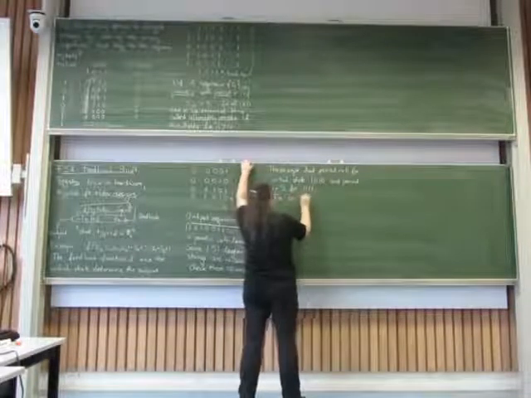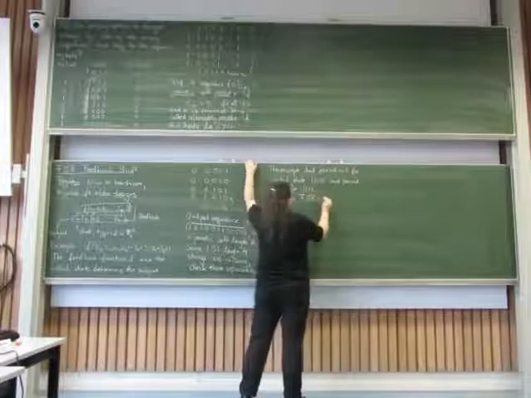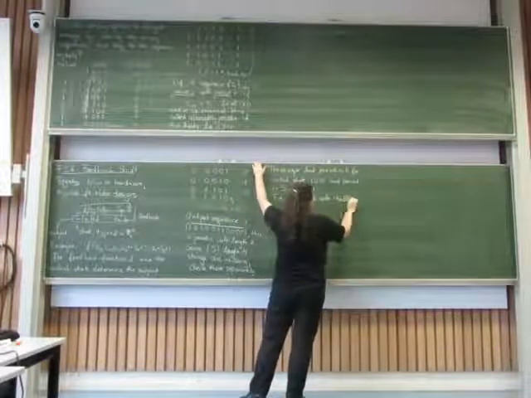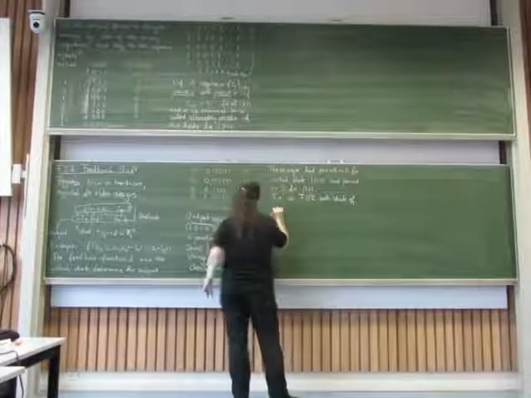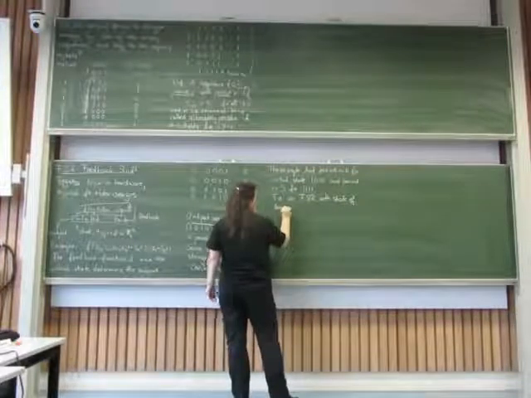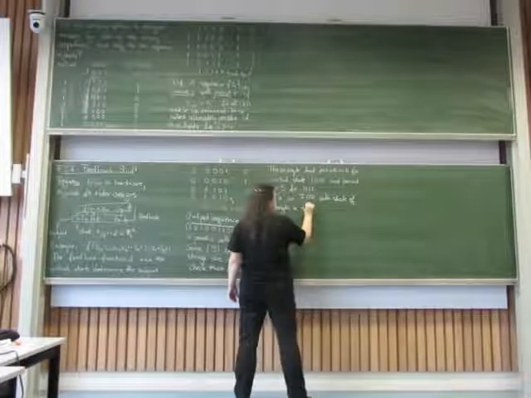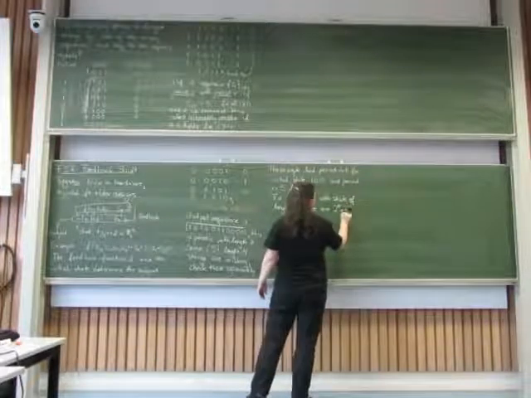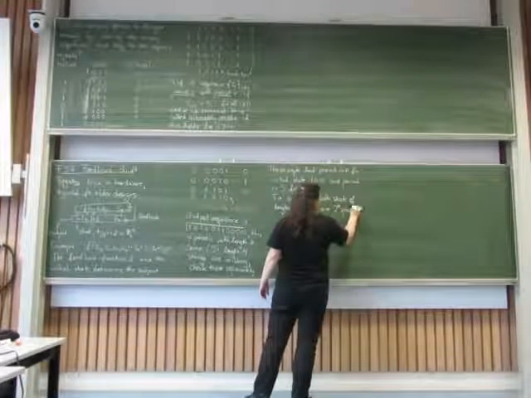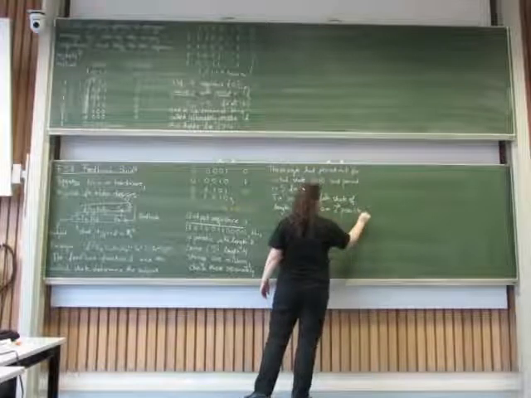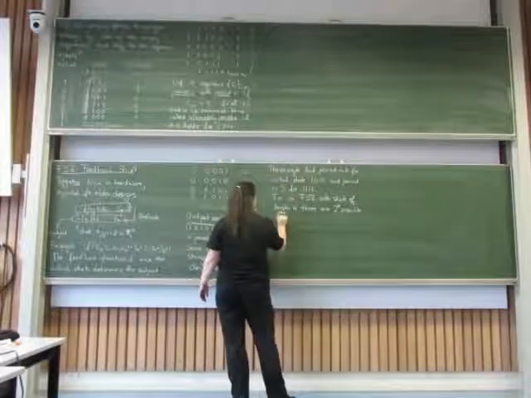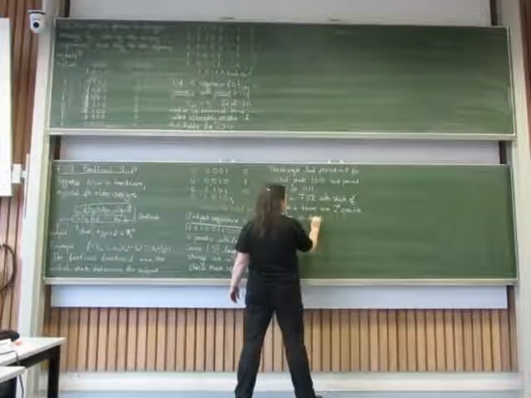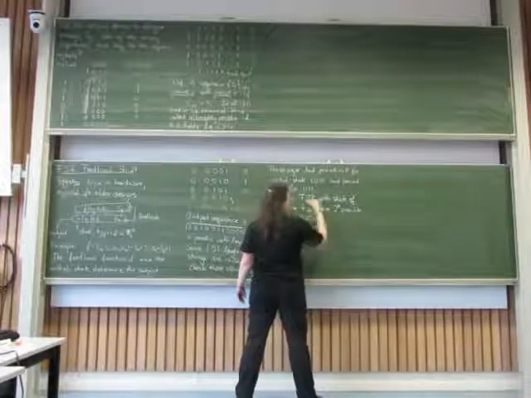For an FSR with state of length k, there are 2 to the k possible states. So the sum of all periods has to be 2 to the k.